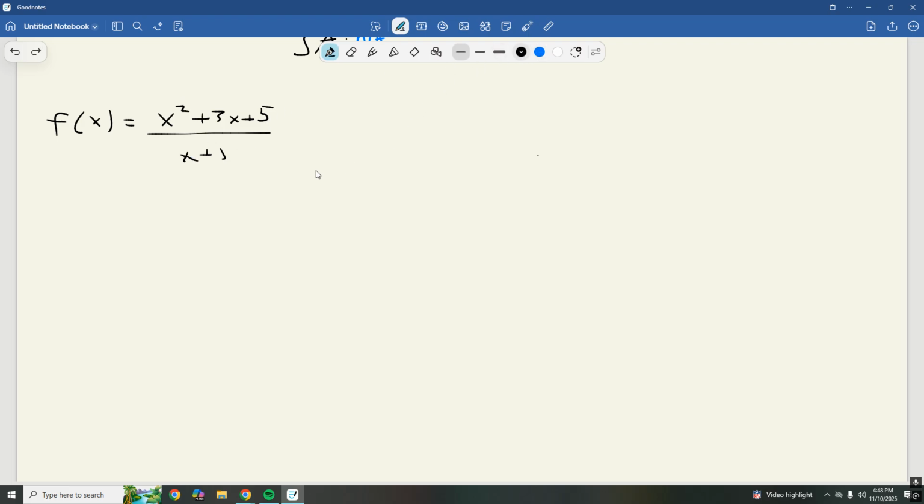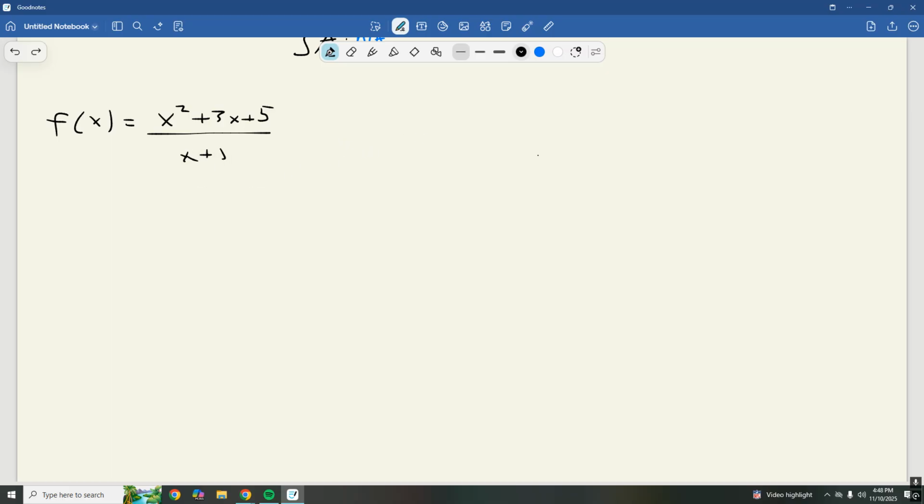To find the asymptote here, we can factor this as well, just to check if we can cancel out the denominator. And that's not the denominator, so we can't do that.